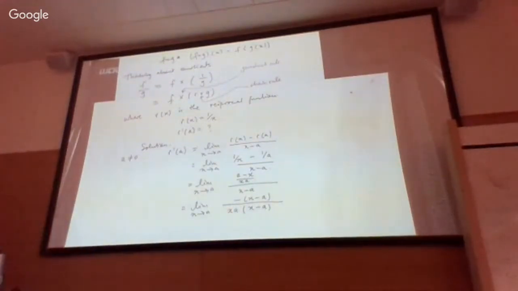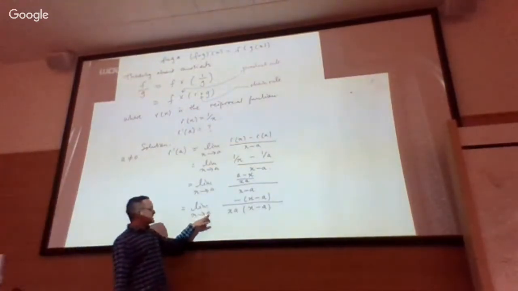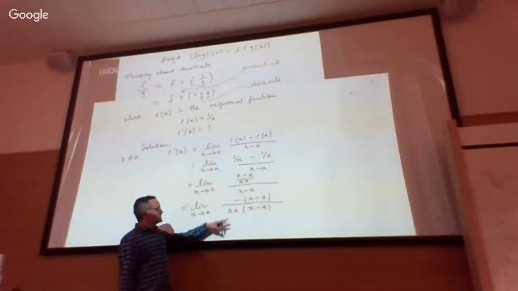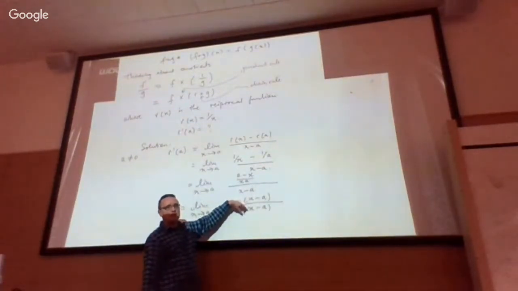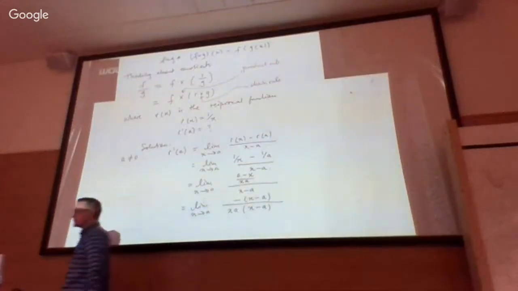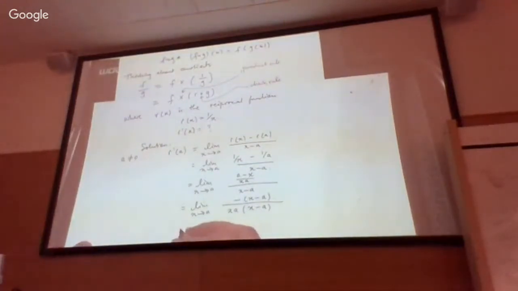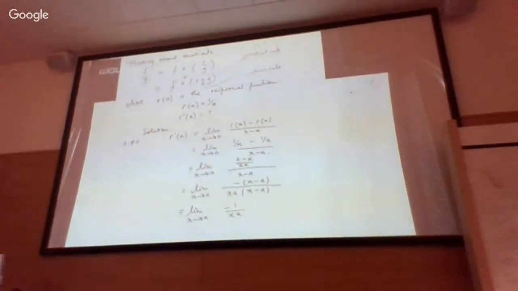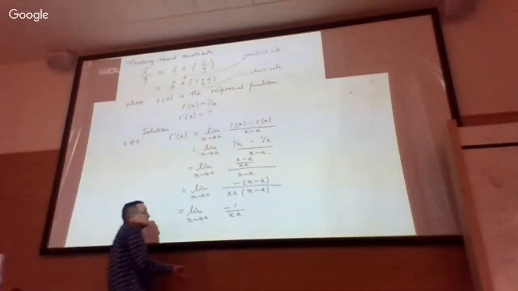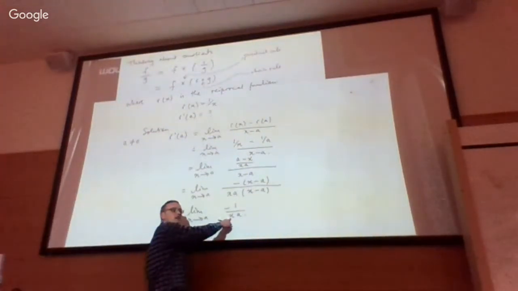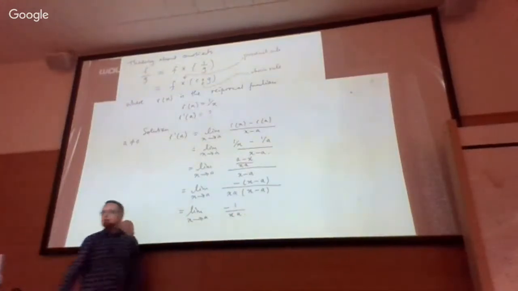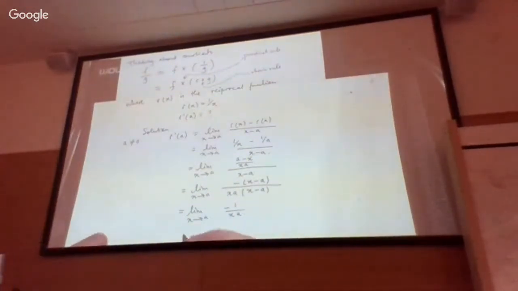So remember, x never reaches a in the limiting process, so this quantity is always a non-zero quantity, so it can be cancelled from the top and bottom of the fraction, leaving behind the quantity minus 1 over x times a. How does that behave as x approaches a? Well, this x bit is going to get closer and closer to a, so the whole thing is going to get closer and closer to minus 1 over a squared.